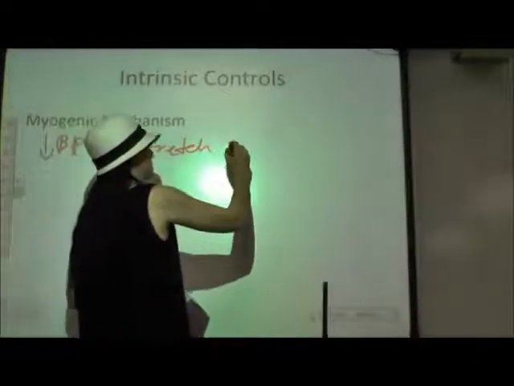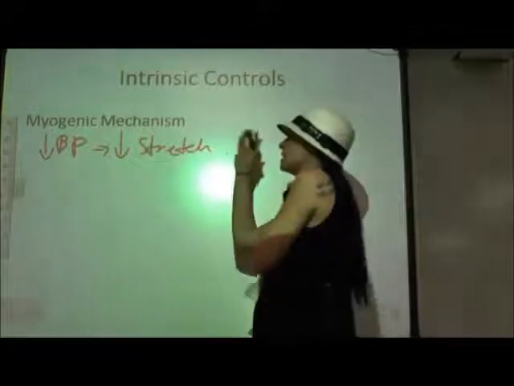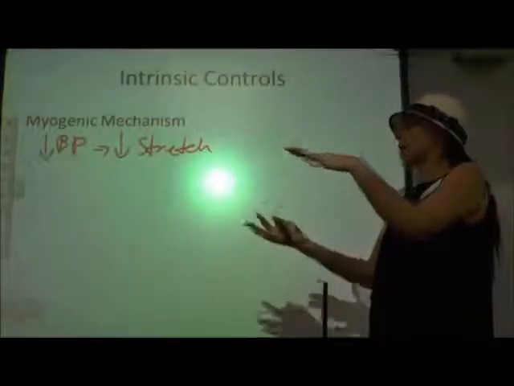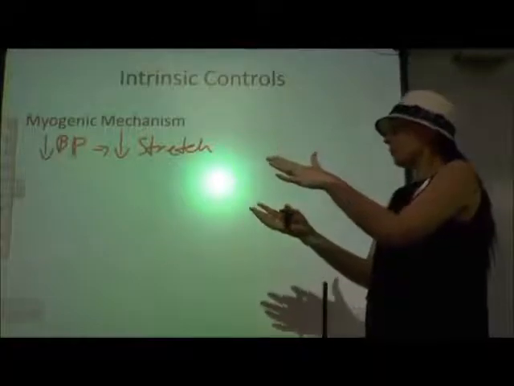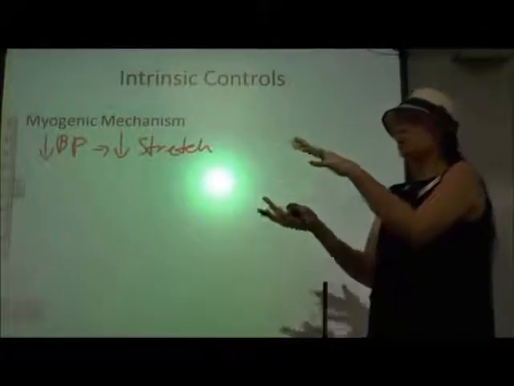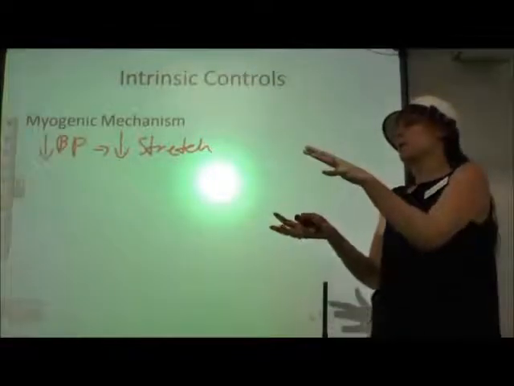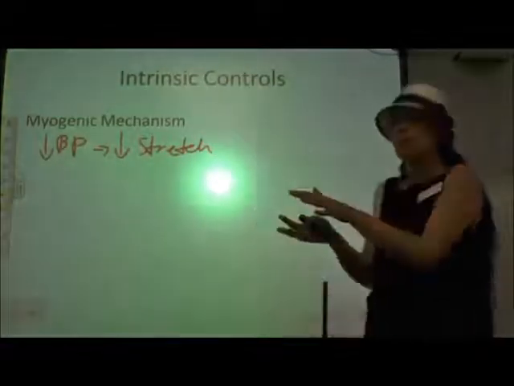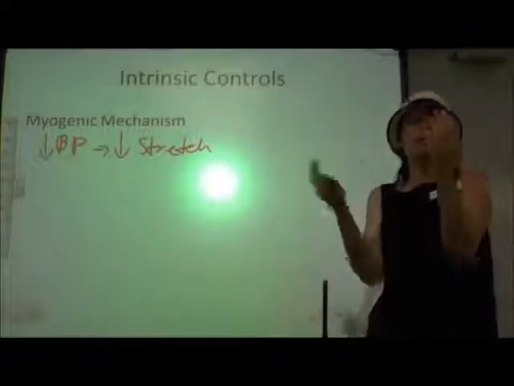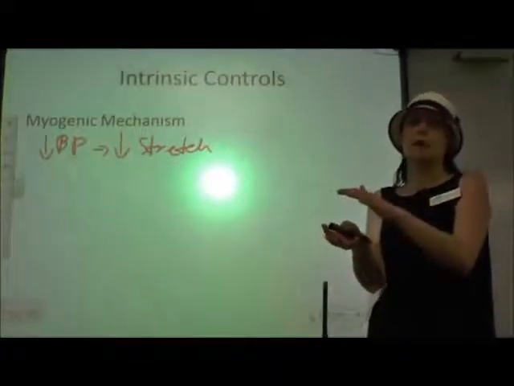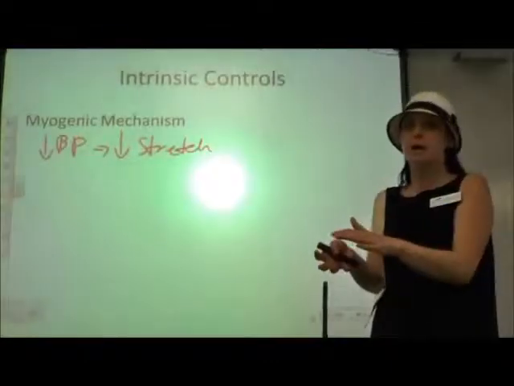And the response, if we didn't have a response, would be that the decrease in stretch would cause the afferent arteriole to constrict. If we're constricting, then we lower the difference between the afferent and efferent arterioles. So you drop the hydrostatic pressure in there, you drop glomerular filtration rate.